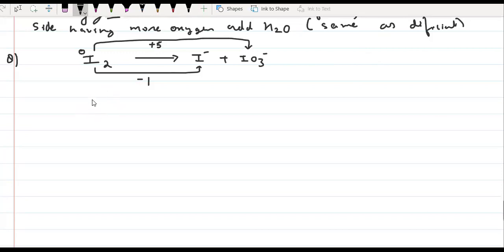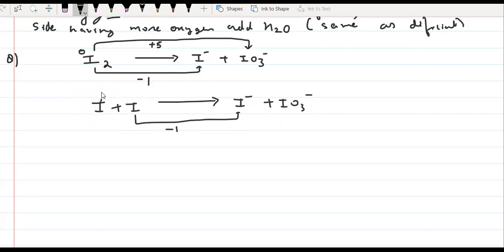If you don't get it, you can just write like this: I plus I. This you should not do in exam. I'm just telling you for your own sake. If I'm not getting the question, then you can just do like this: -1 plus 5. Now what you have to do? You have to multiply this by 5. Agree?